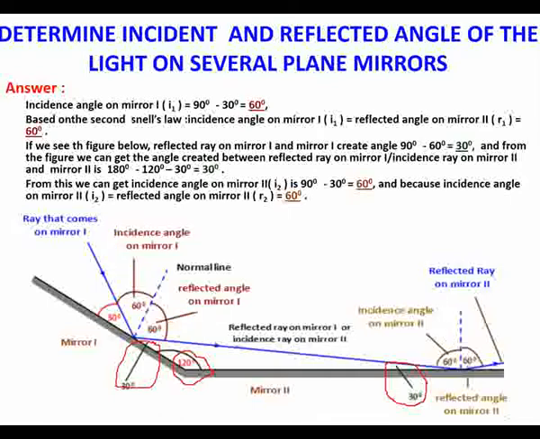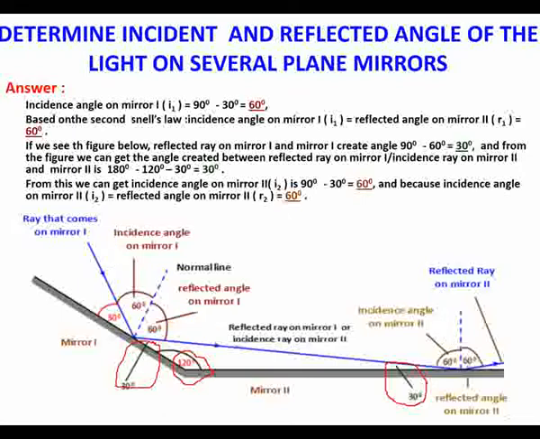After we get the angle between the incidence ray on mirror 2 and mirror 2 as 30 degrees, now we can get the incidence angle on mirror 2. The incidence angle on mirror 2 equals 90 degrees minus 30 degrees, as shown by the black arrow.